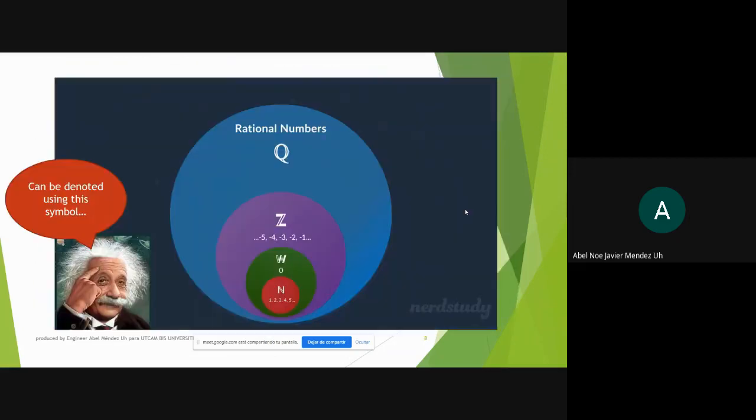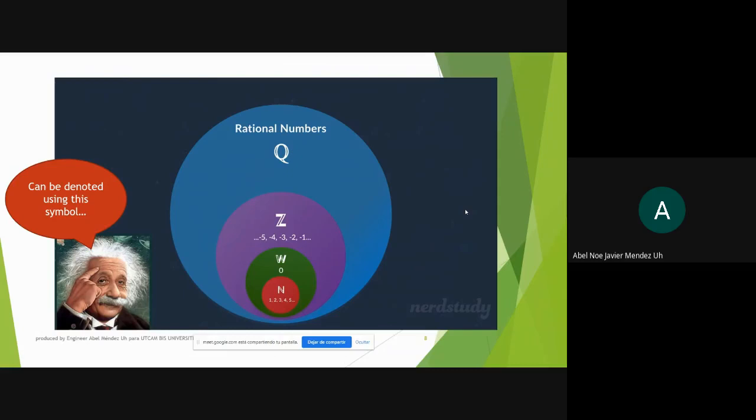Continue. Another group that we need to know are the rational numbers. They can be denoted using this symbol, the capital Q. The capital Q that we have under rational numbers denotes the rational numbers.